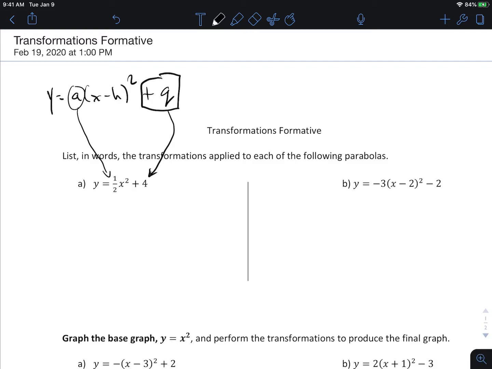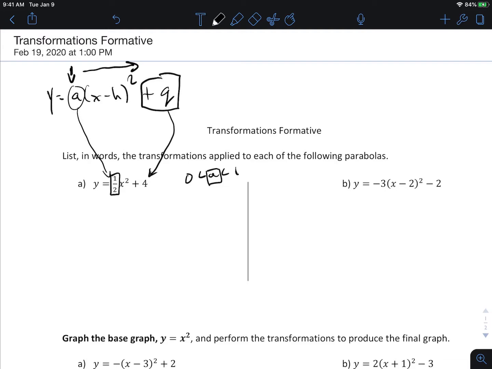Okay. And I know that A represents the vertical stretch or compression, so I'll start at the left and go to the right. I'm going to start on the A value and then work my way over based on what I see, right? And so I see that there's a value of 1/2, and I remember that if A is between 0 and 1, then it has to be a compression.